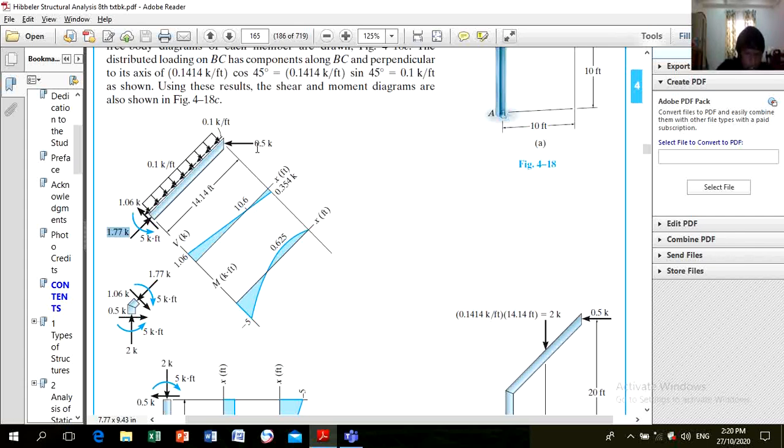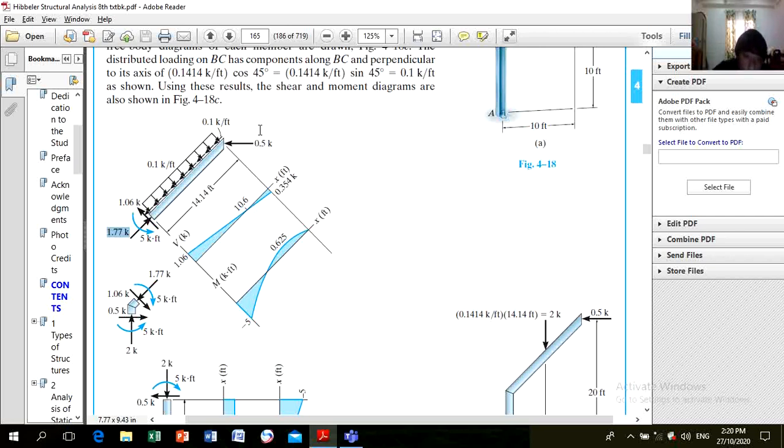Sorry, the direction of 0.5 is against the direction of this 0.1 kips per feet, right? So, sorry class, I made a mistake. It will be 0.1 times 14.14 minus the component of 0.5 along y, minus 0.5 sine 45.